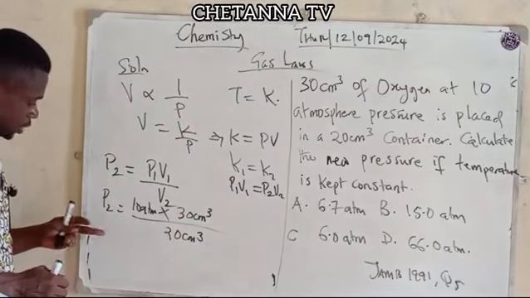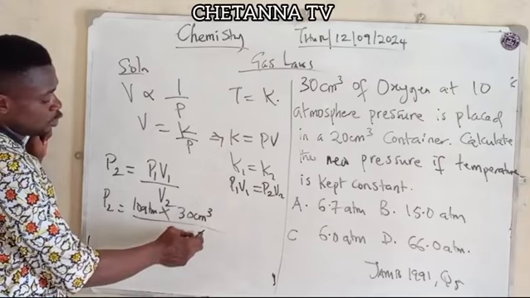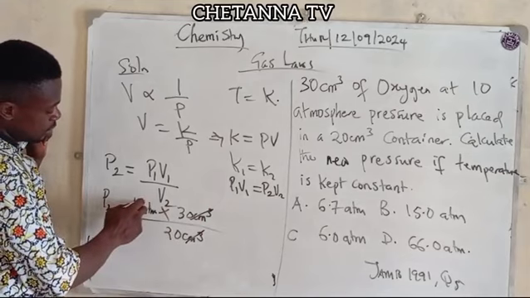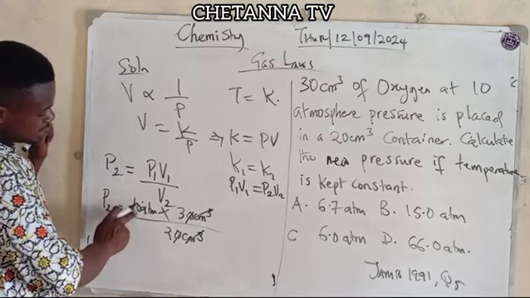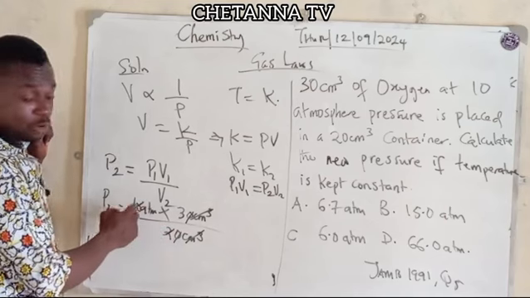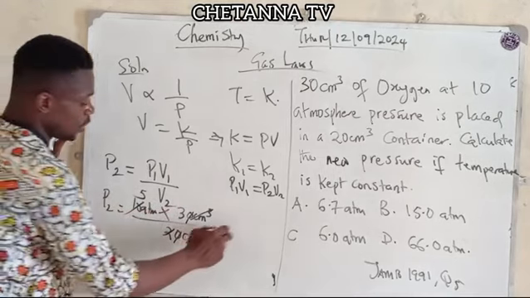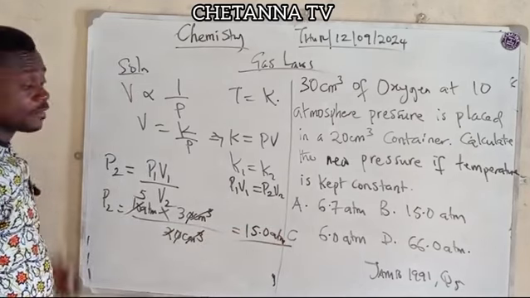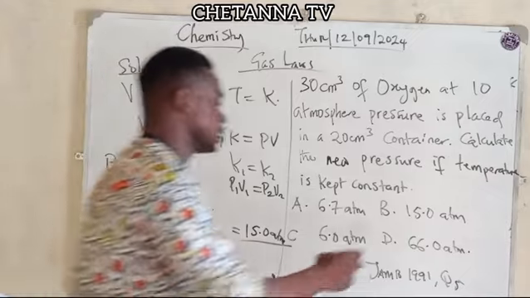So we can now cancel cm cube, right? The zero will cancel zero, right? In fact, 2 will cancel 10 here. We have 5. 5 atmosphere times 3 is 15.0 atmosphere. So the answer is 15.0 atmosphere. Is it in the options? Yes, option B.